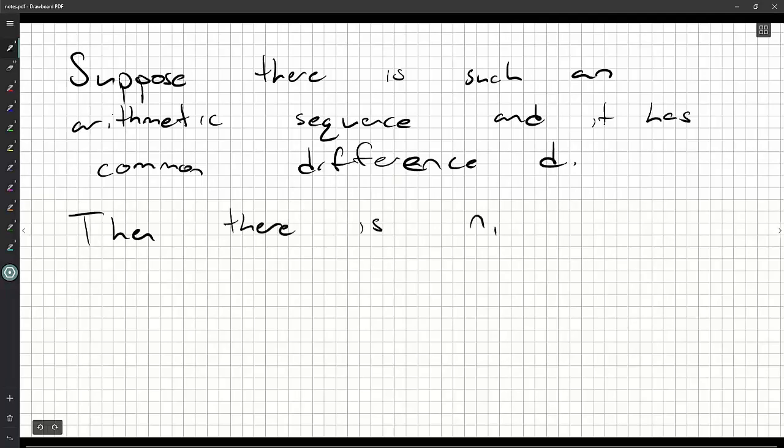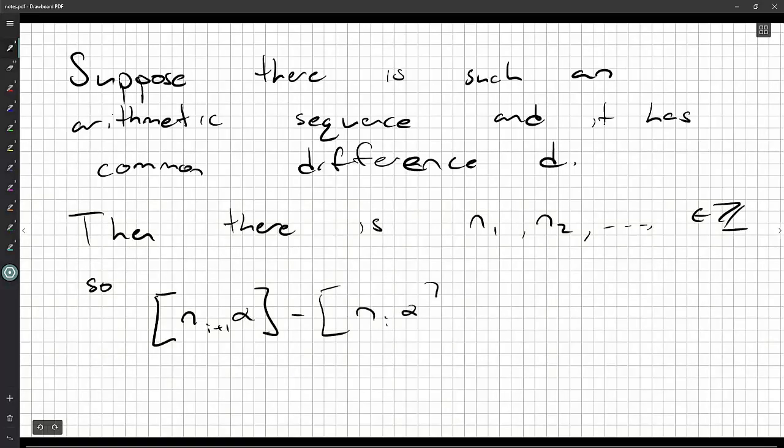So then there is, let's say, n1, n2, yada yada yada, integers, so that n_{i+1} alpha minus n_i alpha is equal to D. Okay, so that's what we're saying there. So can we rearrange this? So then n_i alpha plus D is equal to n_{i+1} alpha.